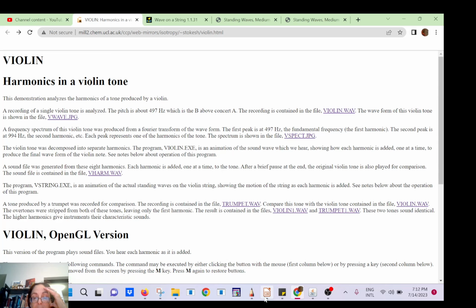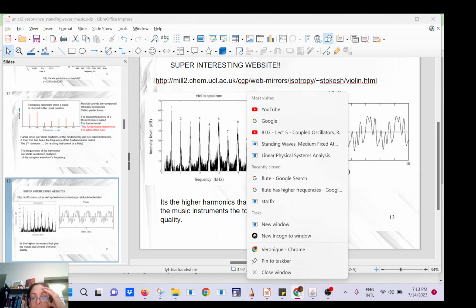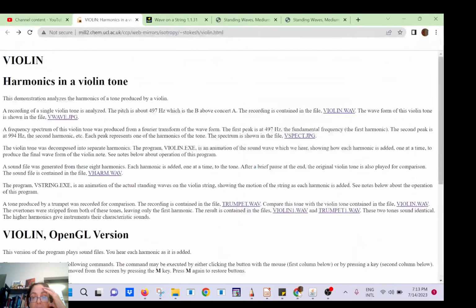It means they remove all the other frequencies, which you can do electronically by using a filter, and keep this one, and then they add that one, and then this one, and then that one. I thought that was very interesting. So let's see what you get.